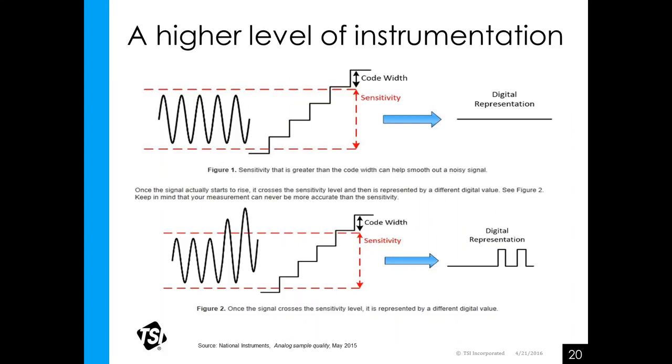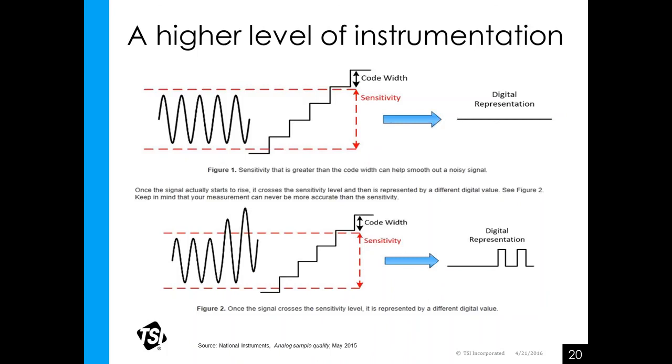Once that sensitivity breaks through the upper lane on the bottom chart, you see it's now within the measurable code width. That then goes from a flat line digital signal to a step function digital signal as it pops back up above the code width area. So sensitivity defines the change in voltage needed for an instrument to register a change in value. The exact definition of the term sensitivity absolutely changes from company to company. So here's an opportunity for you to dig into and get the definition down and find out what they're talking about.